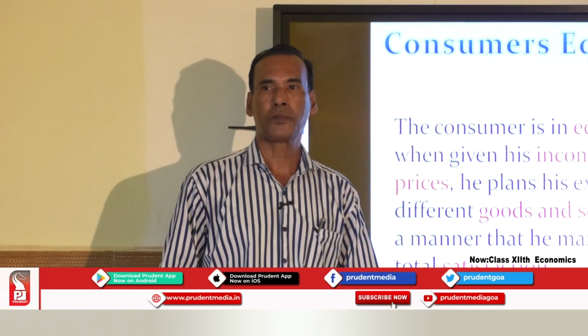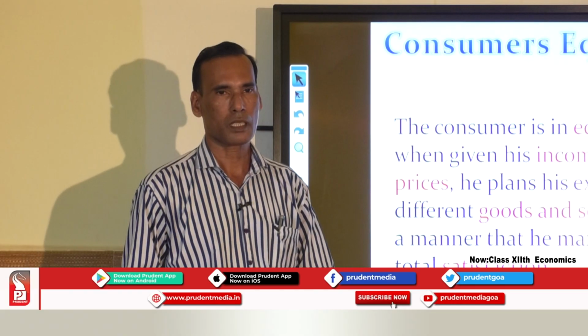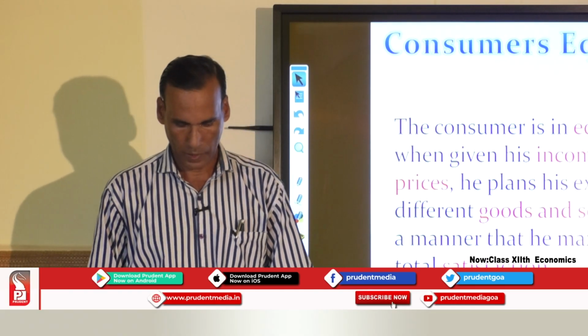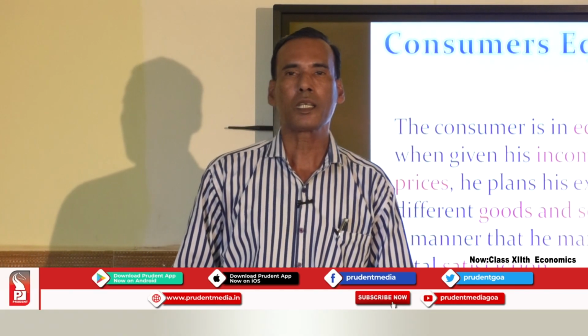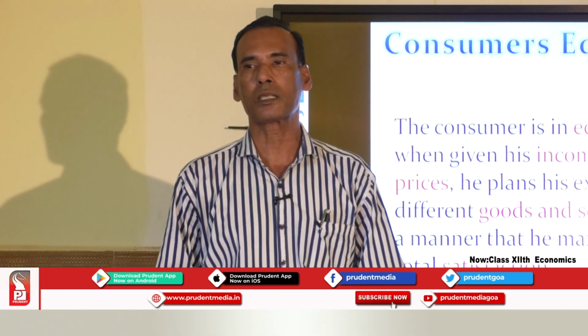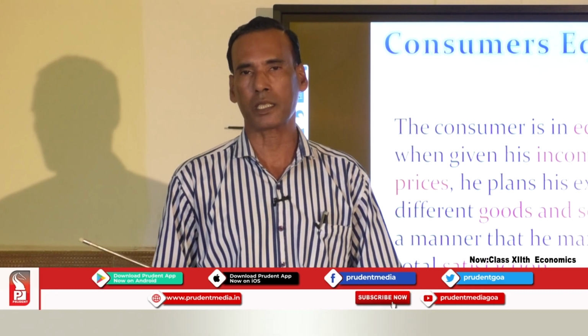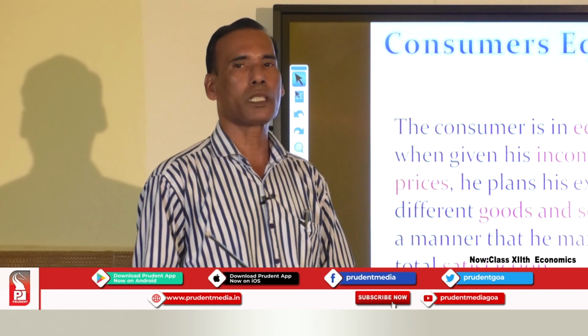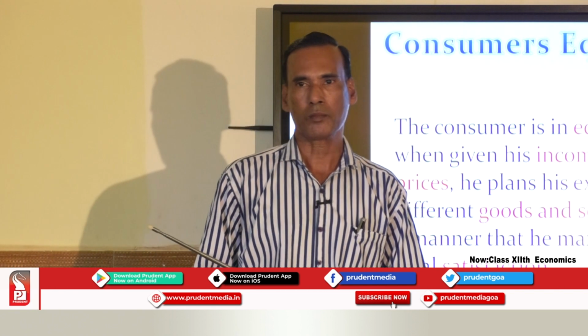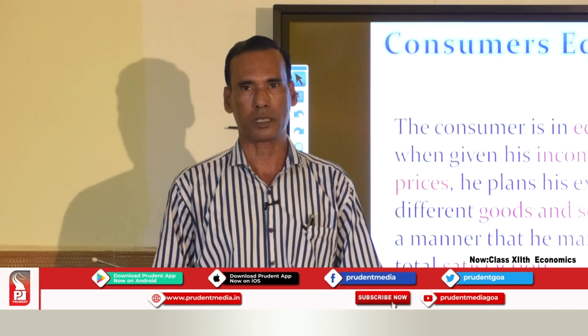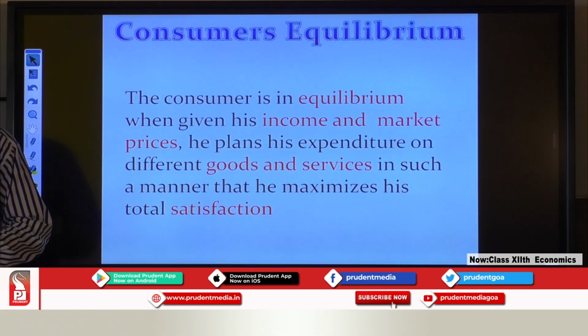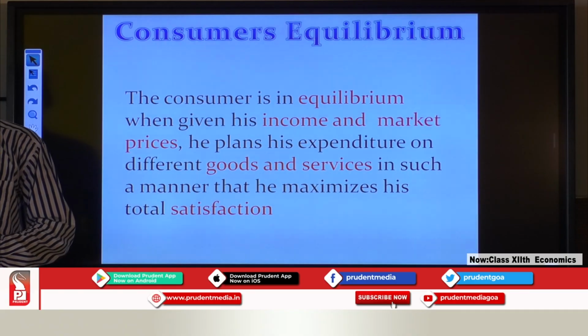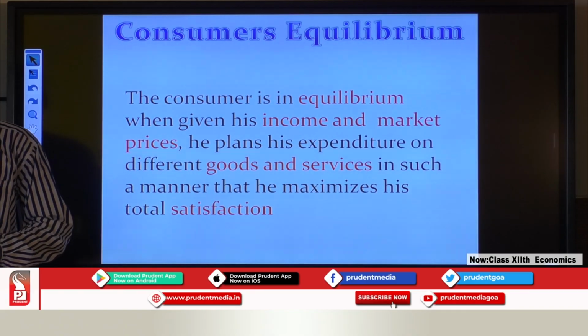The first thing that you have to know is consumers' equilibrium. Equilibrium here means the consumer acquires the maximum satisfaction. To achieve maximum satisfaction, it will depend upon two factors, that is, the price of the good and the income of the consumer.